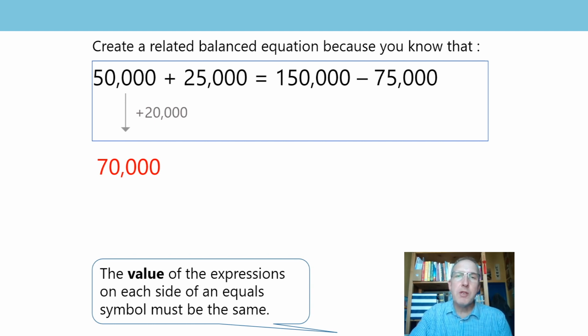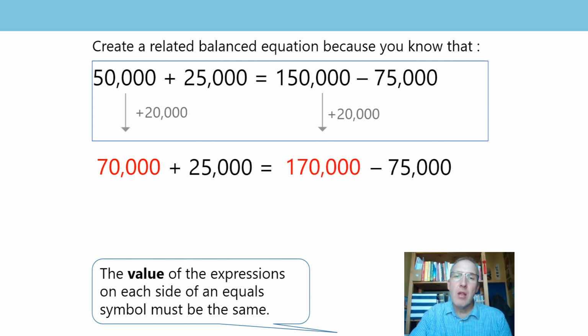Welcome back. What did you decide? We could increase the difference by adding 20,000 to the minuend. So that 70,000 plus 25,000 is equal to 170,000 minus 75,000.